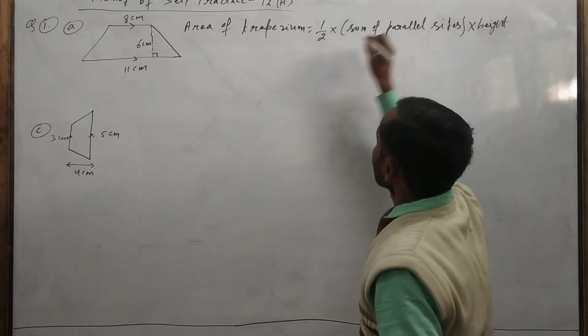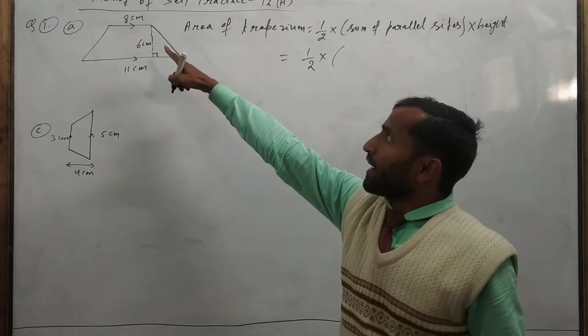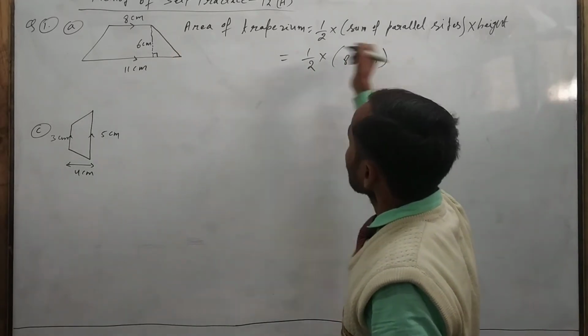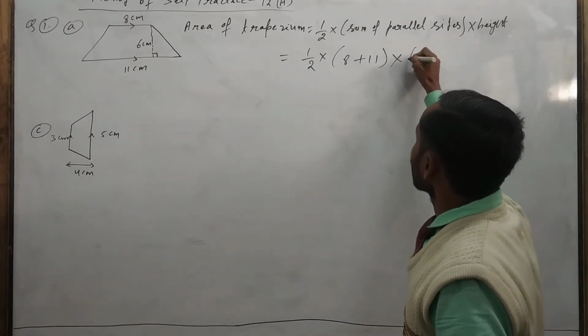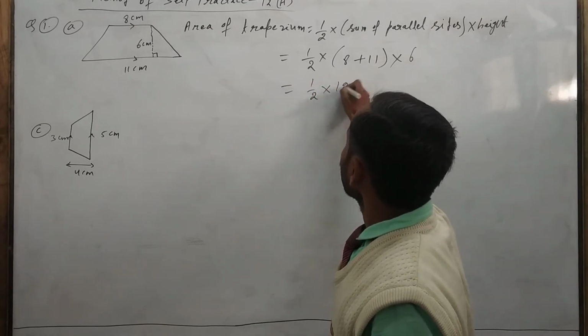Okay, so here half into parallel sides, given 8 and 11. So 8 plus 11, sum of parallel sides, we will add both, and height is 6. Then 1 upon 2 into 8 plus 11, it will come 19 into 6.